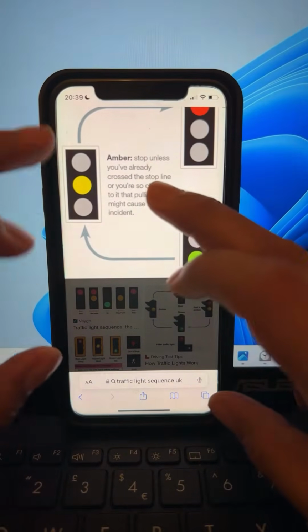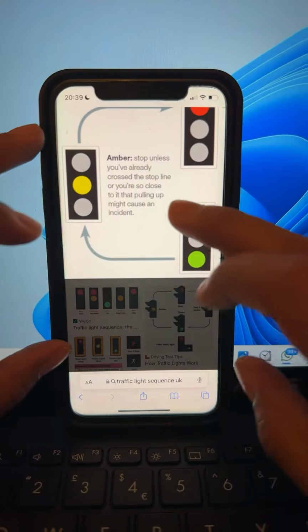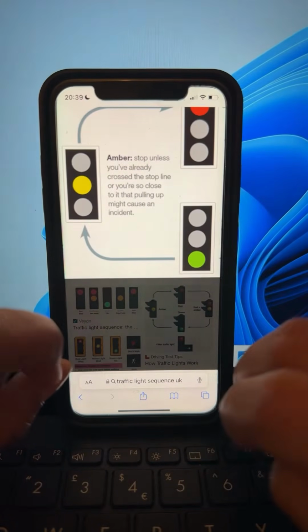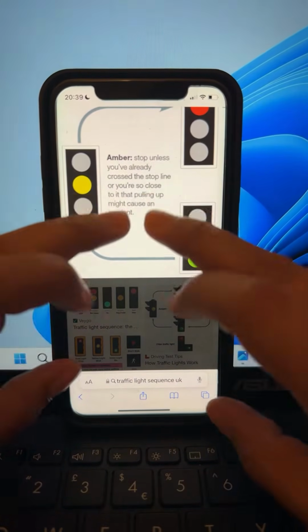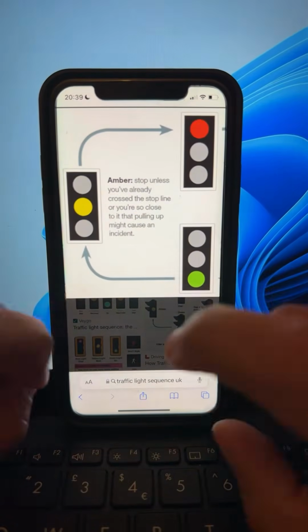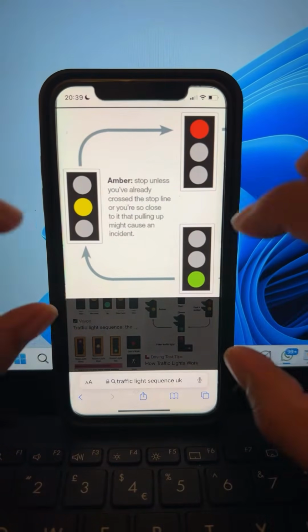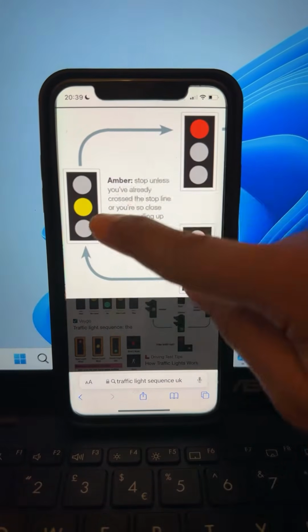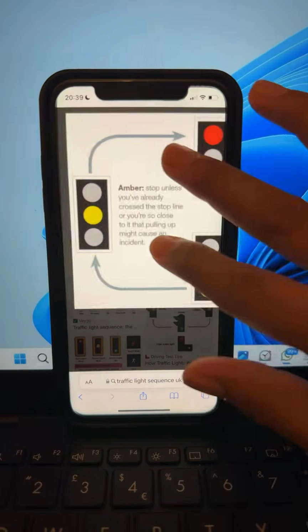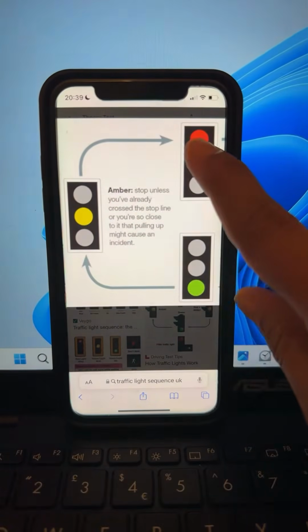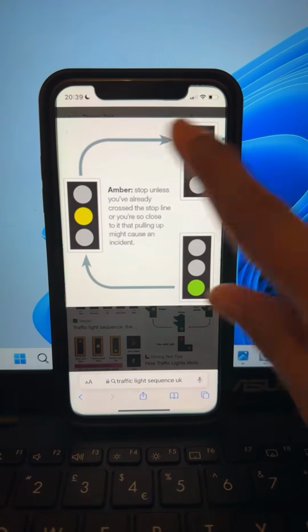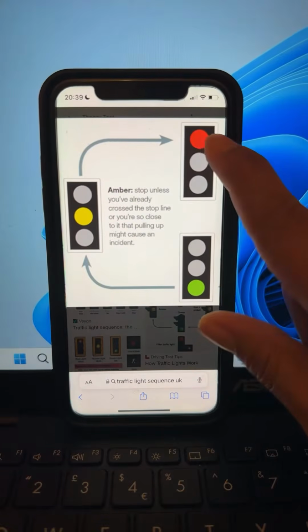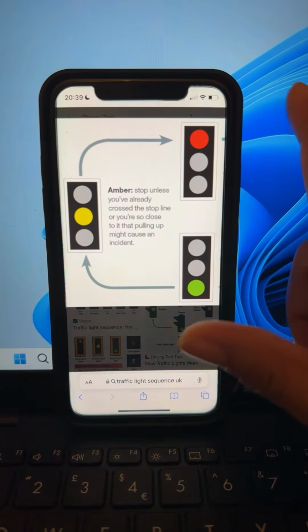If you have already crossed the stop line or you are so close to it that you may cause an accident by stopping, you should carry on. Because between the amber and red, guys, is only a few seconds, like three seconds. It's amber, then straight away red, so we should be stopping. So why don't you stop?